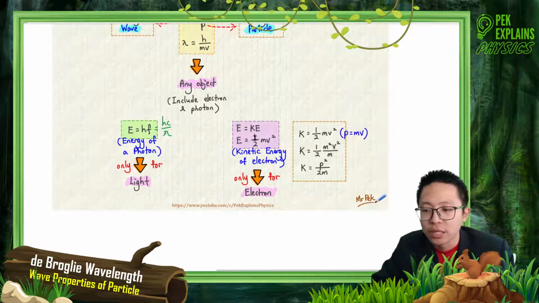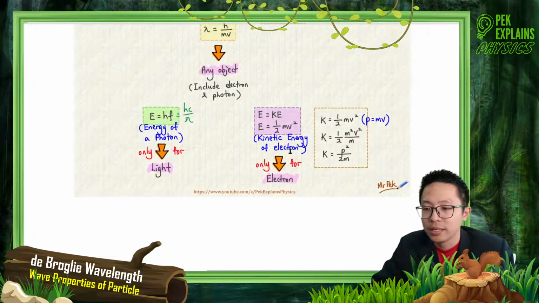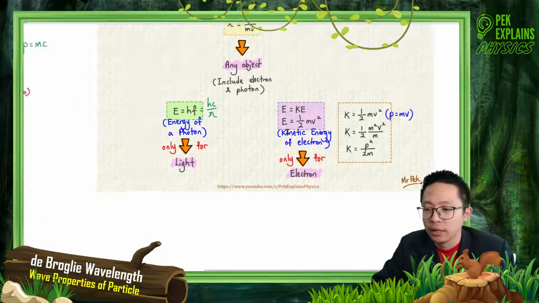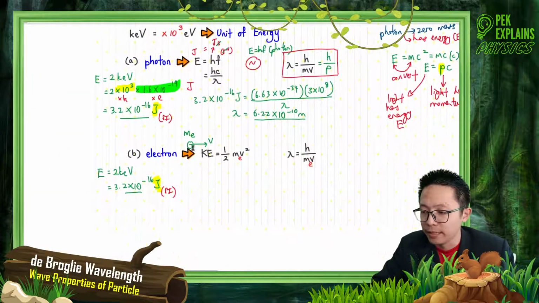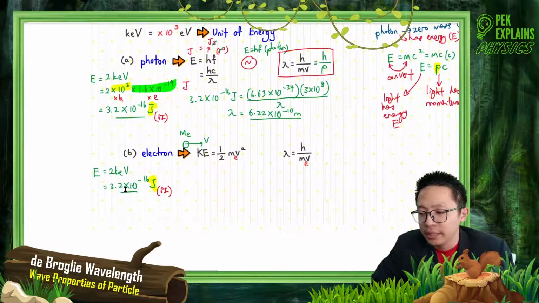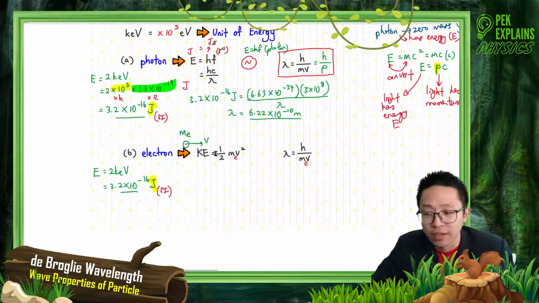We only use half mv square, because electron has kinetic energy. It is moving with certain velocity. So we substitute the energy into this kinetic energy formula, use the mass of electron, and then find the velocity of electron.